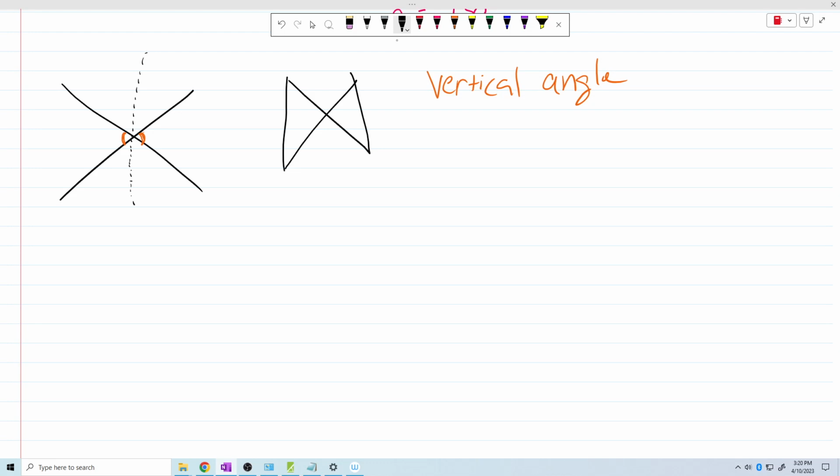With that in mind, if we got our A and B again, and the problem were to say this here is 50, well, we know it's a reflection. We know just by our definition of vertical angles that A is also 50, right?